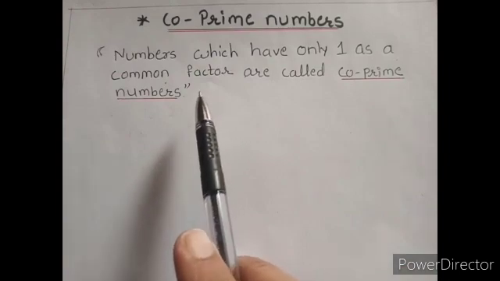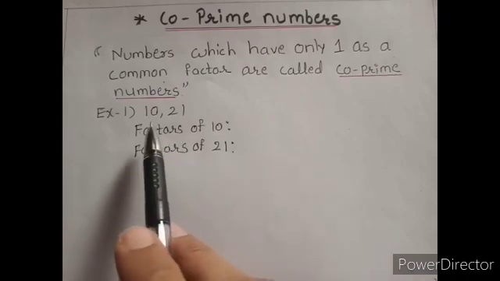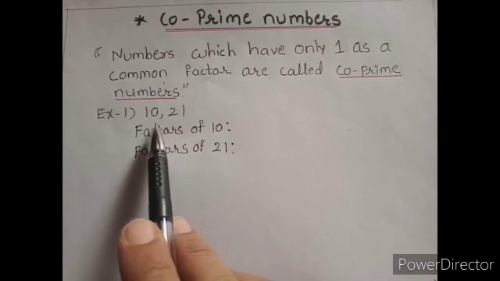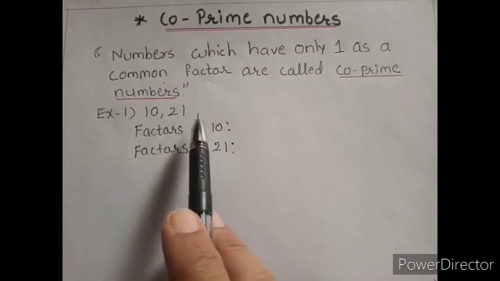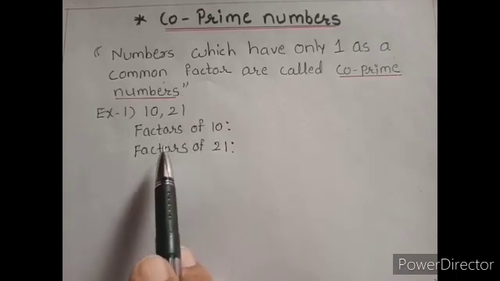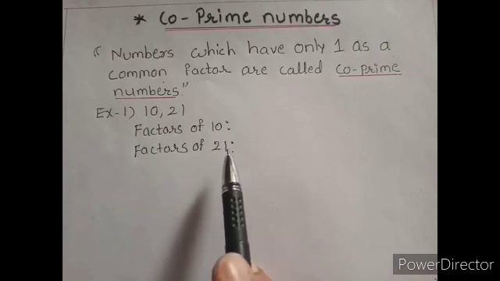Now, we will take one example. Example 1, 10 and 21. We have to find out whether 10 and 21 are co-prime numbers or not. For that, we have to find out factors of 10 and factors of 21. You have learned how to find out factors.